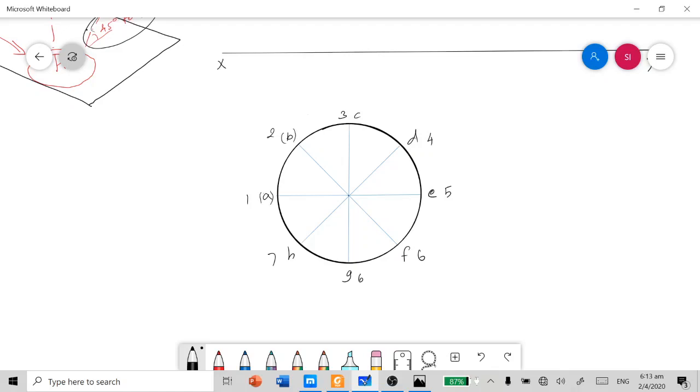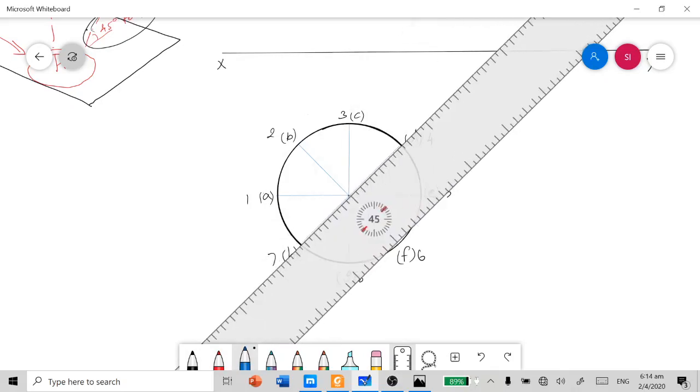Since the base points are invisible when you look from the top, I am giving brackets to them as usual. And then let's draw the projector from each and every point from the base view towards the front view.